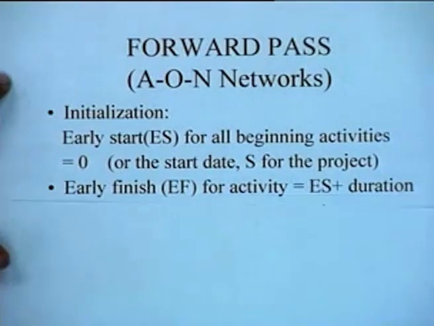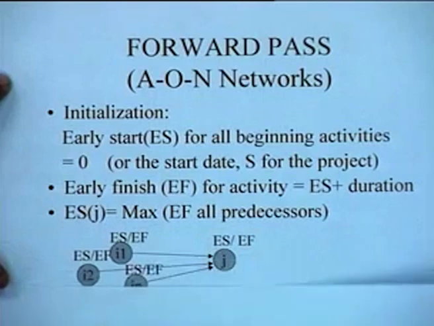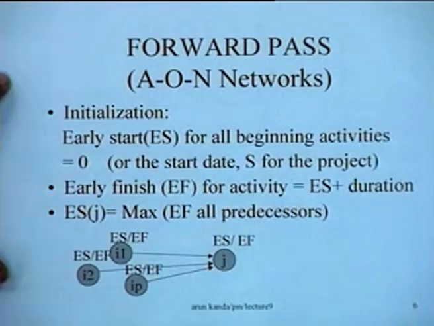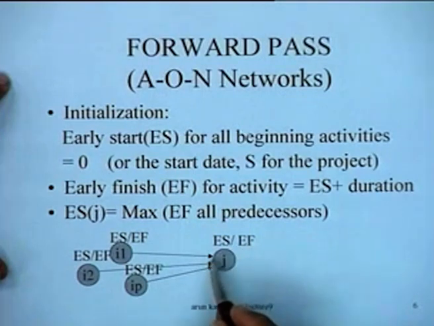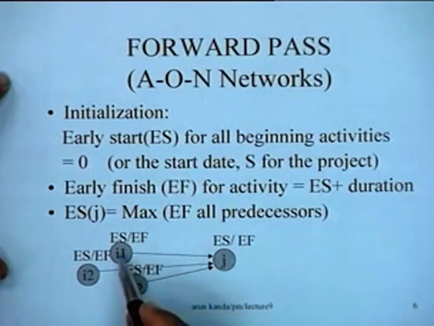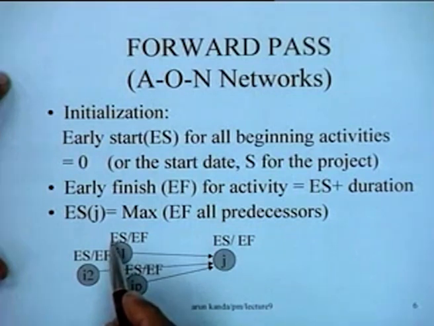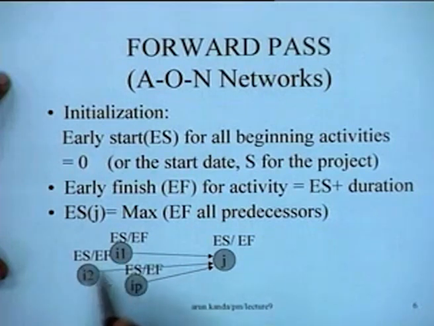Now having done this, let's see how we would be computing in general for an activity J the early start and the early finish. The early start and the early finish are computed for activity J simply by looking at the predecessor activities. Suppose this activity J has 1, 2 and so on up to P predecessors. Then we have already computed by virtue of the previous steps the early start and early finish for each of these activities.